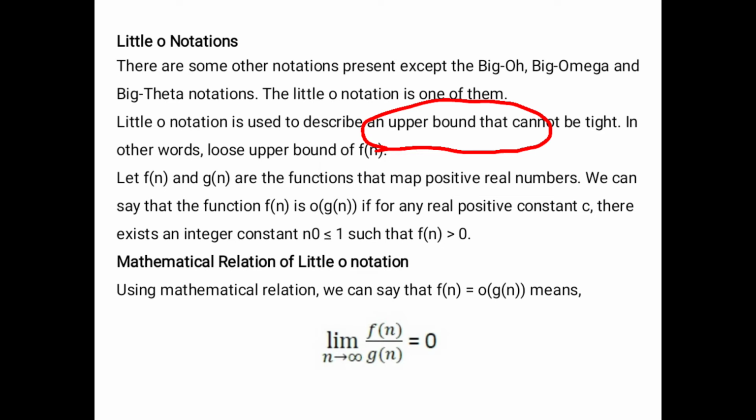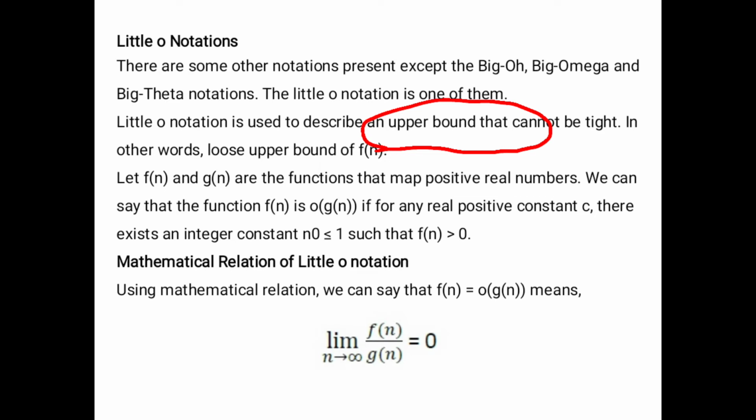Big O notation represents the upper bound of an algorithm, but little o notation is a weaker upper bound.